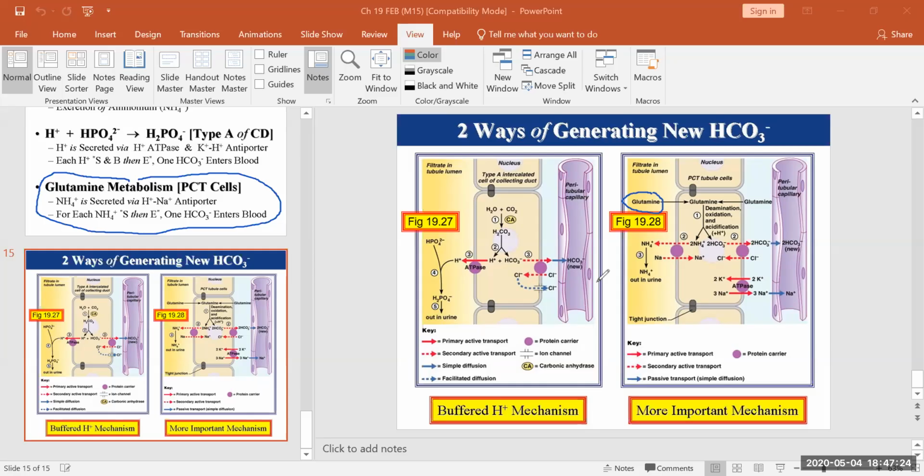I can't give you a hint, because if I give you a hint, I give you the answer. But it involves one of the transport mechanisms that you already learned. So try to figure it out, try to connect the dots.